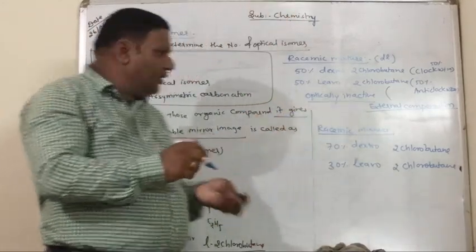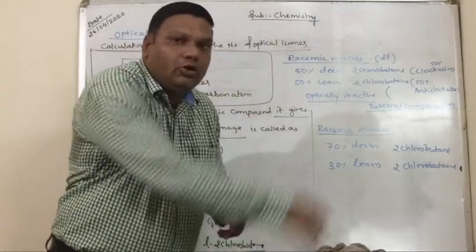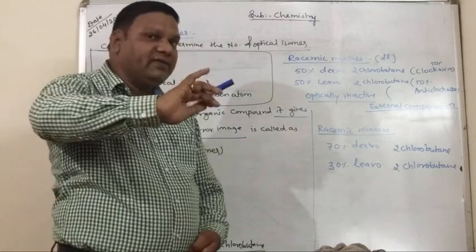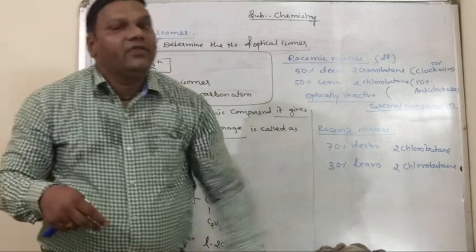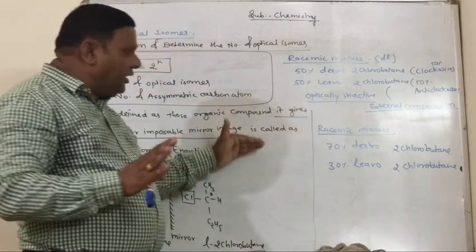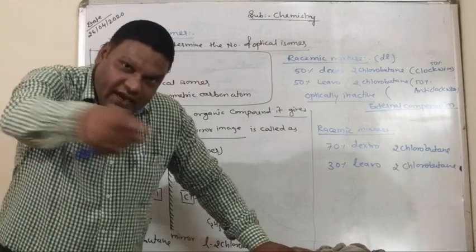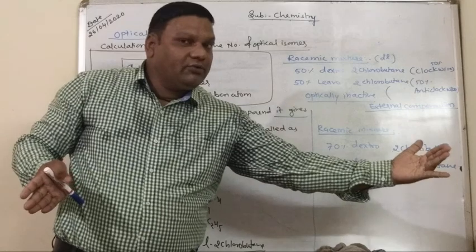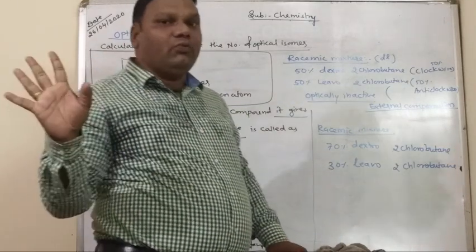What is happening? 70% of the rays rotate clockwise, 30% of the rays rotate anti-clockwise. Do you understand? So this 30% definitely cancels 30% of the clockwise rays. But the remaining 40% are rotated clockwise.